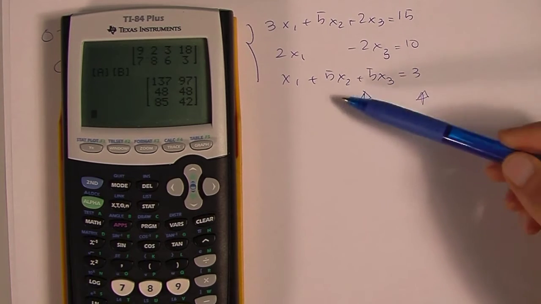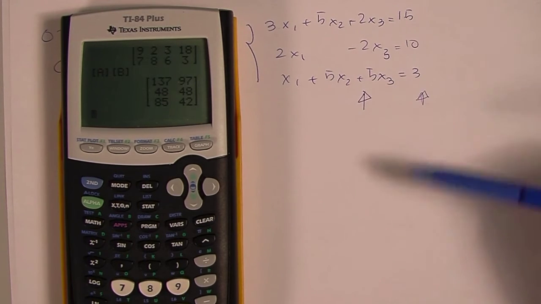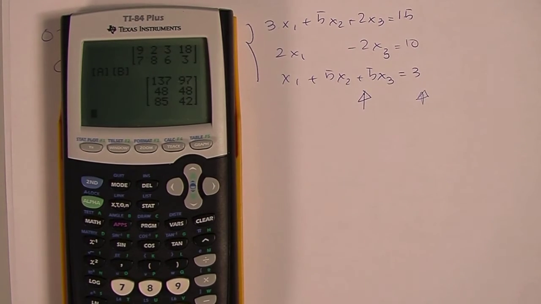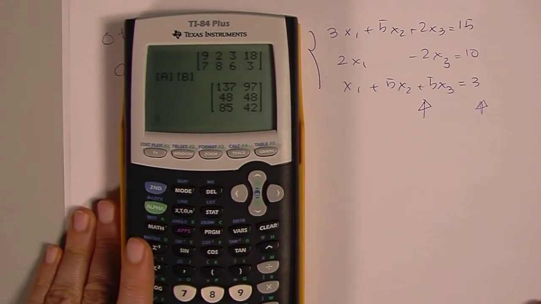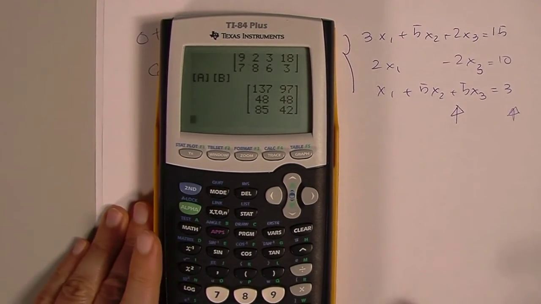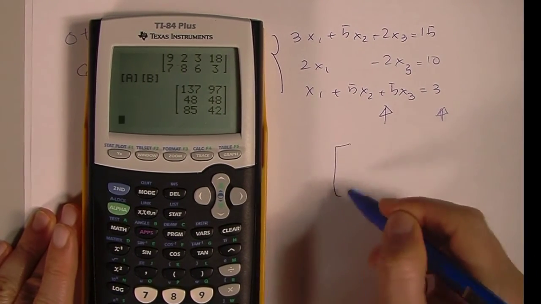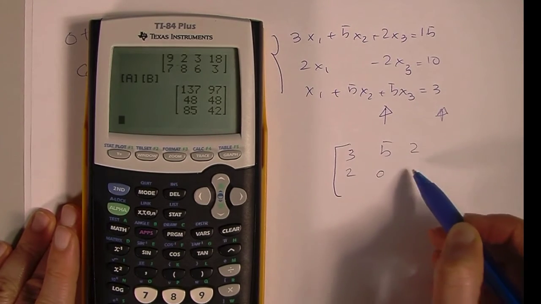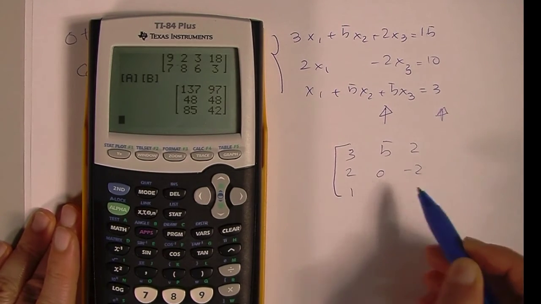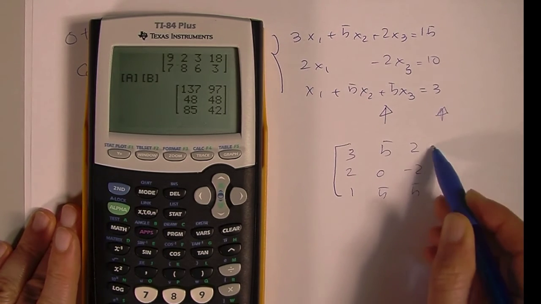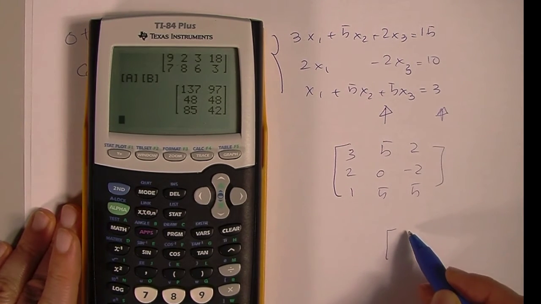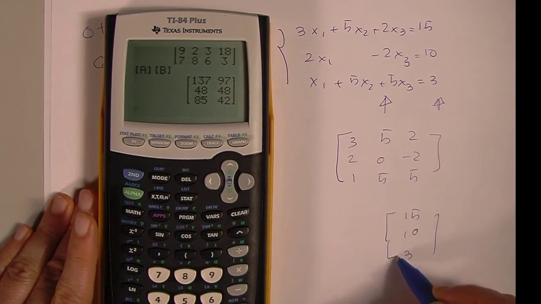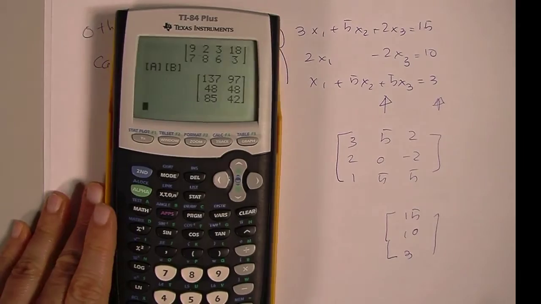So I'm going to find the inverse of that and multiply by the matrix of constants. So the matrix of coefficients is 3, 5, 2, 2, 0, negative 2, 1, 5, 5. The vector of constants is 15, 10, and 3.